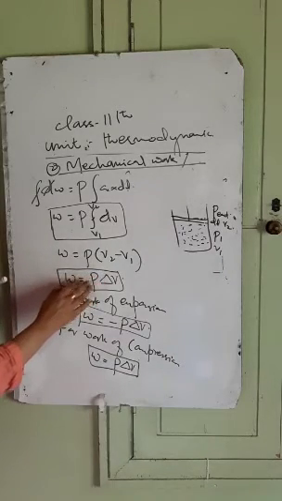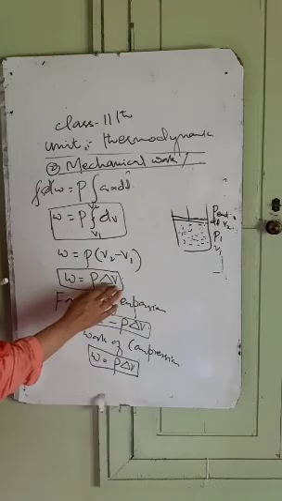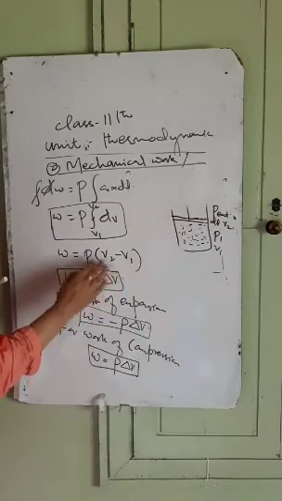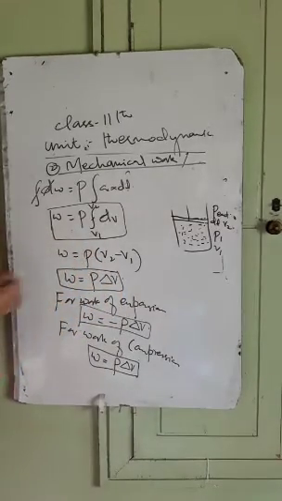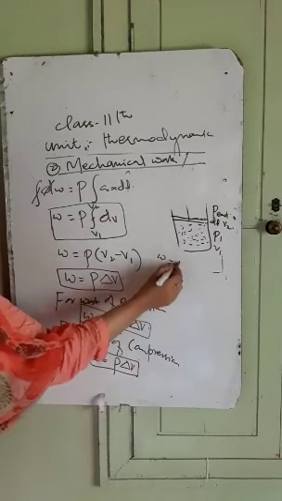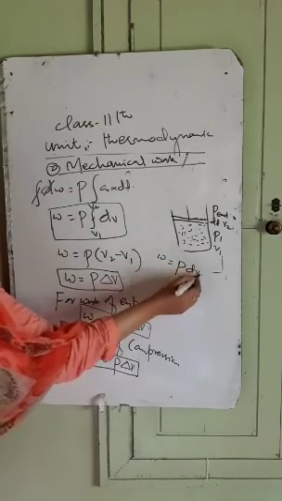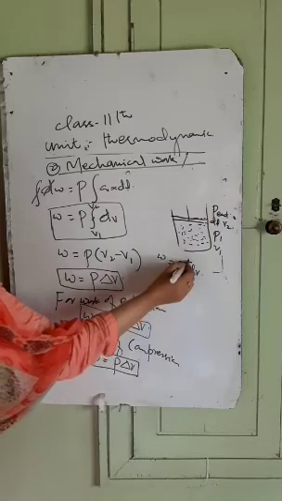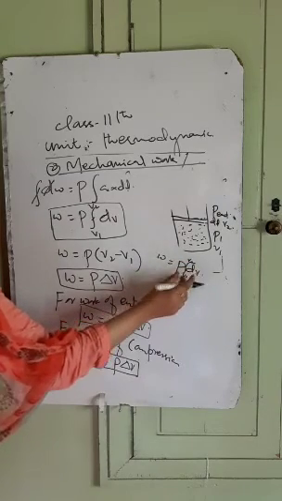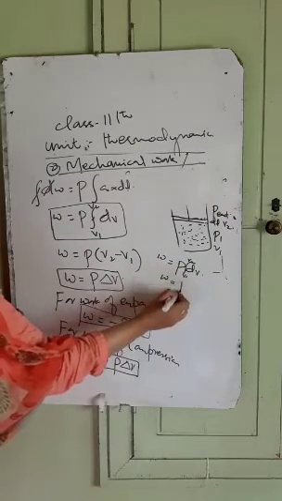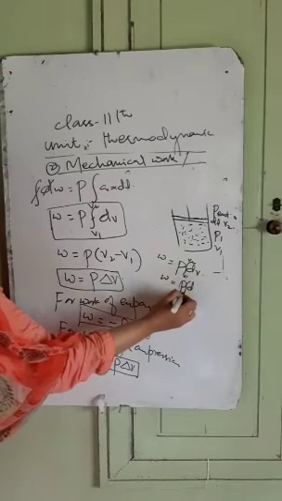In the irreversible case, W is equal to P into delta V, that's the large change in the volume. While in case of the reversible expansion, the work done is equal to P into integral of dV from V1 to V2, that's the small work done.